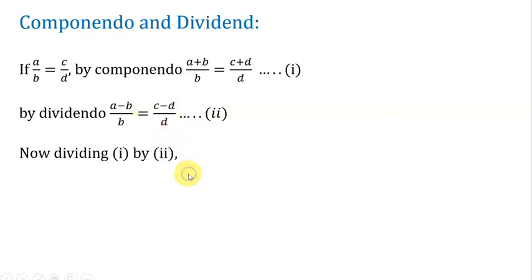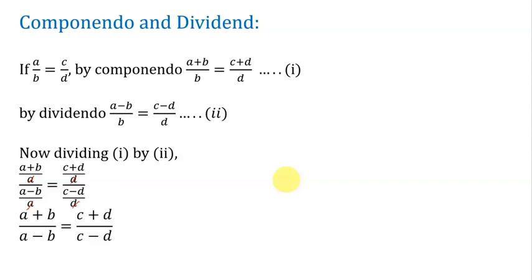Dividing 1 by 2, then (a plus b) upon b, this whole divided by (a minus b) upon b, equals (c plus d) upon d, this whole divided by (c minus d) upon d, and here both the denominators cancel, and you will get (a plus b) upon (a minus b) is equal to (c plus d) upon (c minus d).